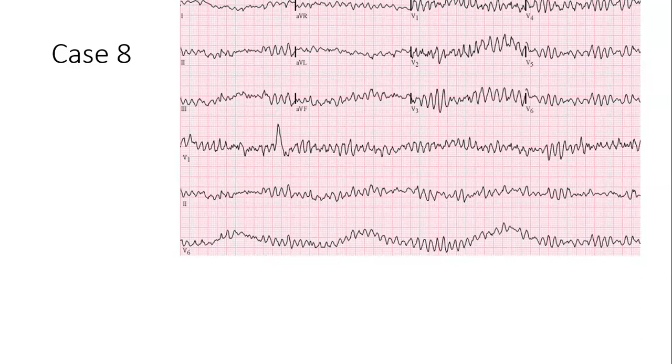People always stick to defibrillate. You need to mention, because this is a pulseless patient, your CPR needs to be part of your management. You start with your CPR while you're preparing to defibrillate your patient. So CPR is very important.